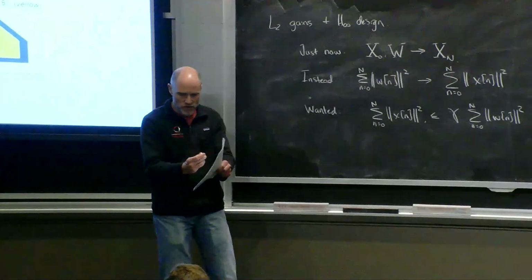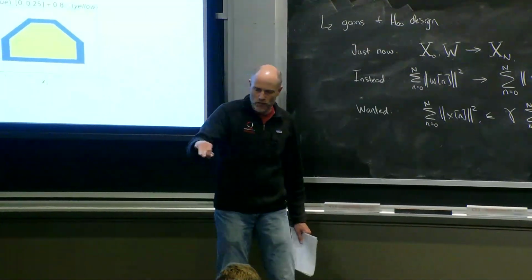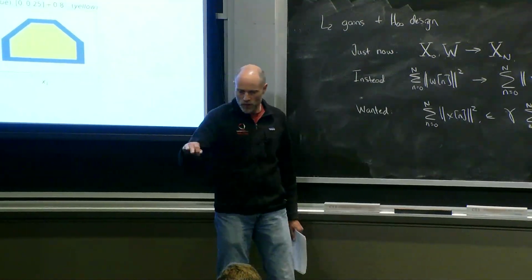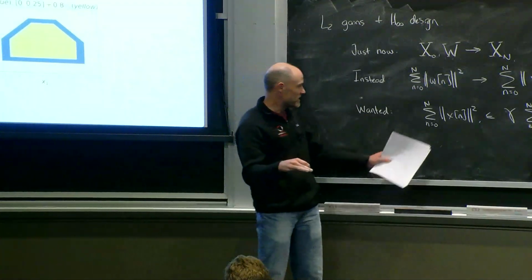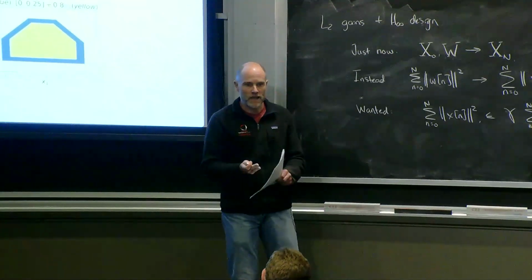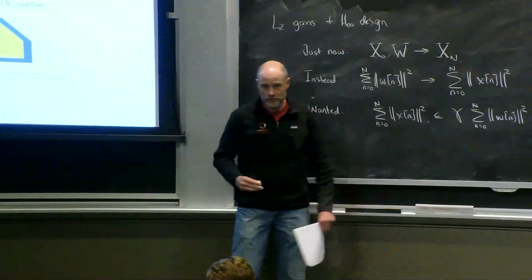Let's say I start at the origin, my quadrotor is getting knocked around a little bit. If the wind is severe, I expect it to get knocked around a lot. If the wind is 0, I expect it to not get knocked around, right? And I expect that response to be proportional.